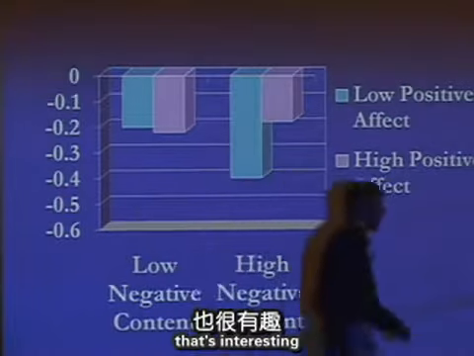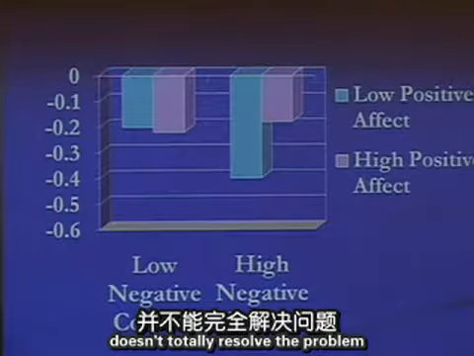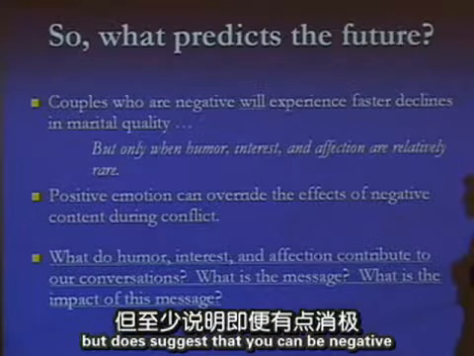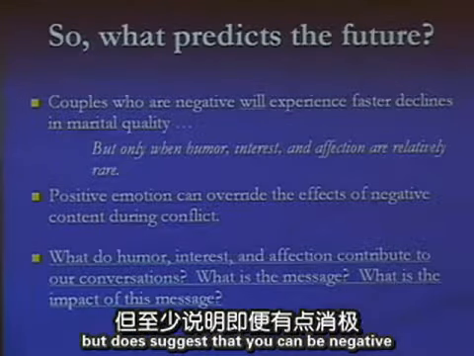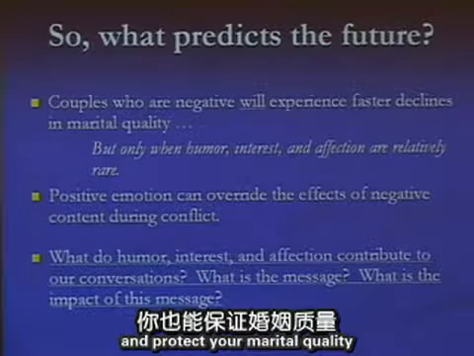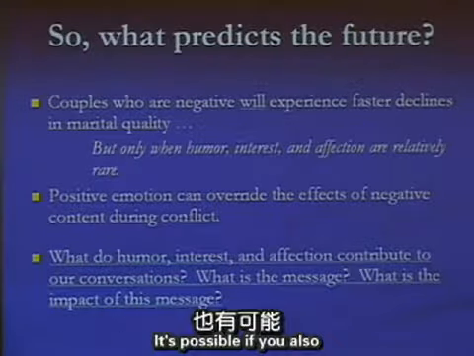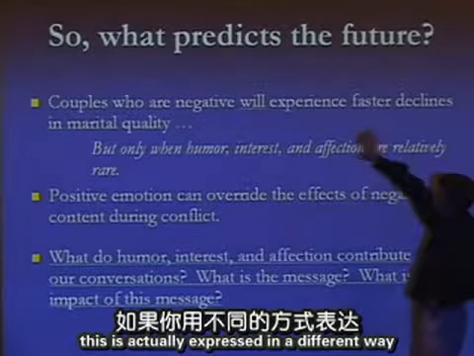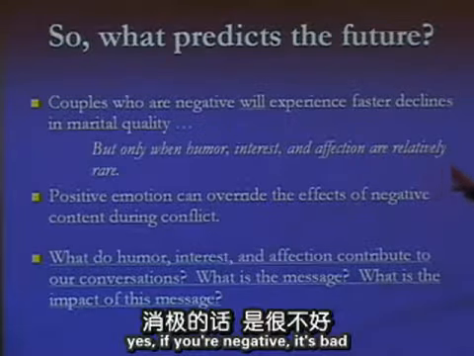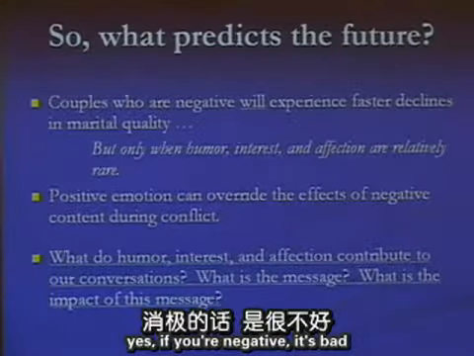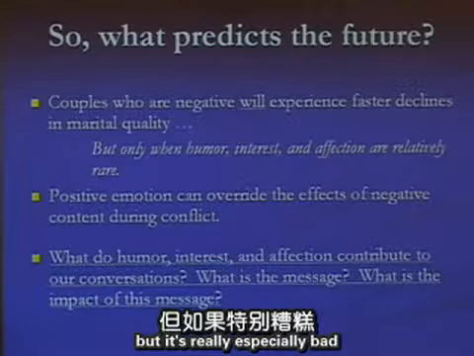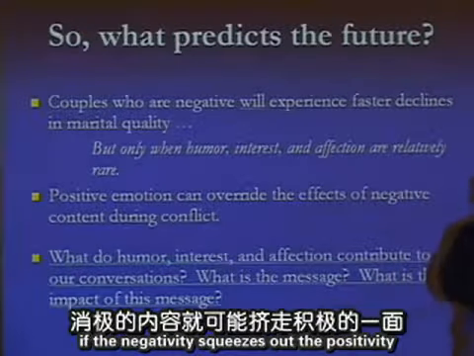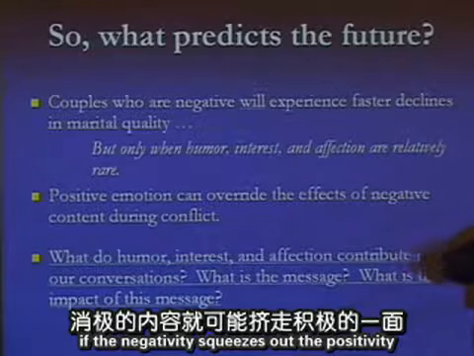Well, that's interesting. It doesn't totally resolve the problem, but it does suggest that you can be negative and protect your marital quality. It's possible if you also, this can actually be expressed a different way. Yes, if you're negative, it's bad. But it's really especially bad if you also aren't positive. If the negativity squeezes out the positivity.